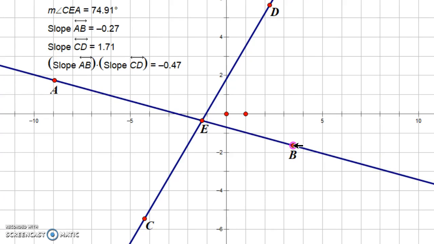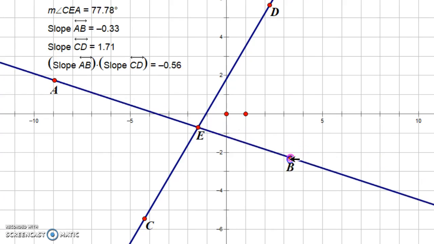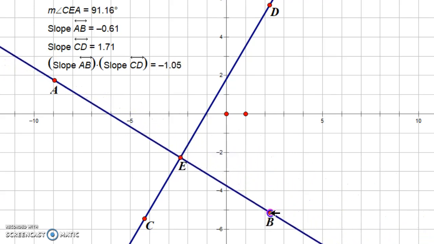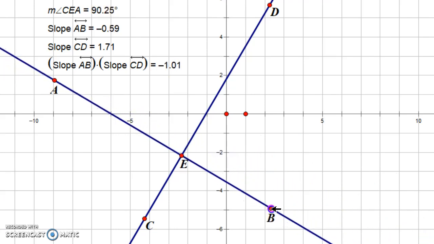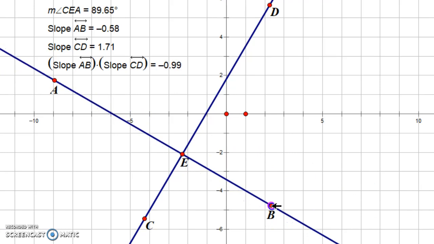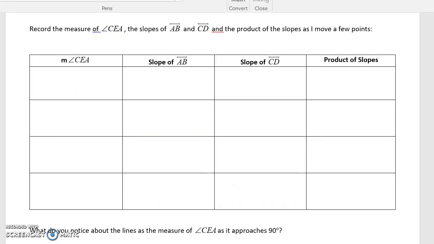So go ahead and get those down. And our final one, here we go. Let's have the measure of angle CEA approach 90. Very close. Almost there. That's what we're going to get. And there we go. So go ahead, pause the screen and get those down, and I'm going to go back to the notes.